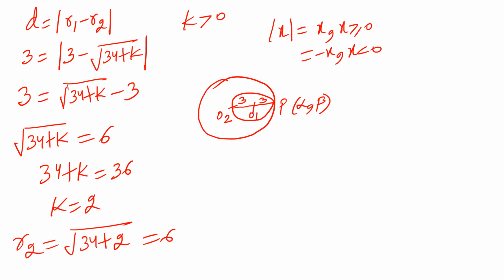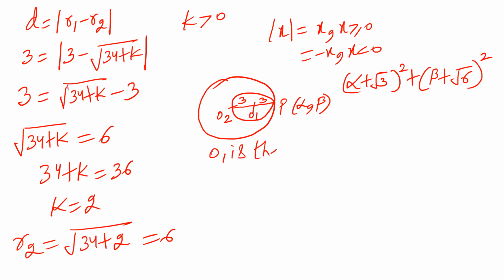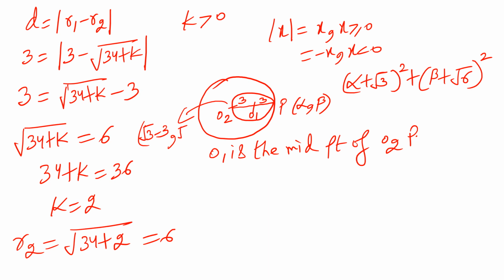Now to get the value of this particular expression, (alpha plus root 3) whole square plus (beta plus root 6) whole square, I need to get the values of alpha and beta. Now students, from this particular figure, I clearly observe that O1 is the midpoint of O2P, right? So just apply the midpoint formula. We know the coordinates of O2 as (root 3 minus 3, root 6 minus 4), and the coordinates of O1 are (-3, -4).